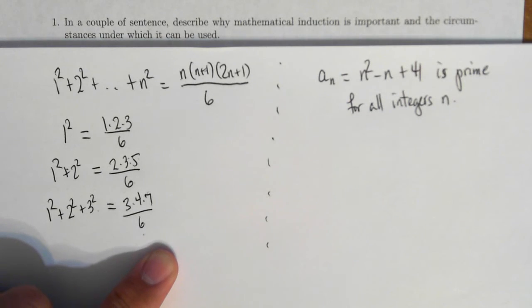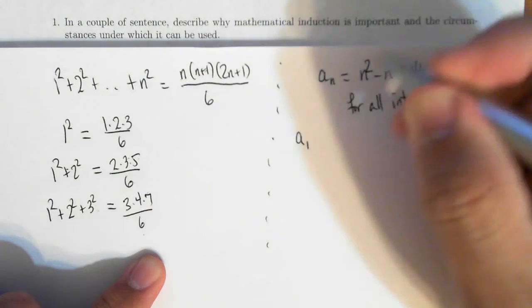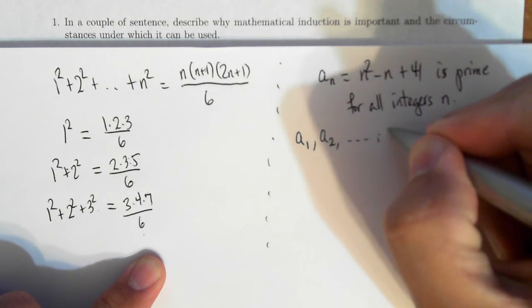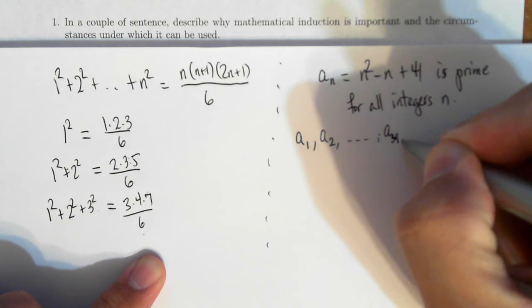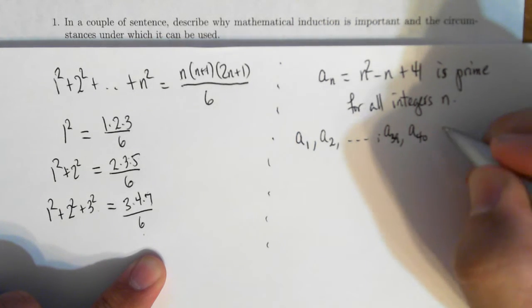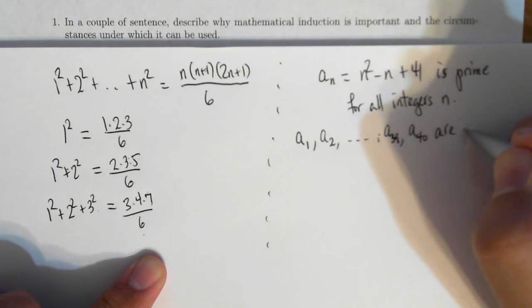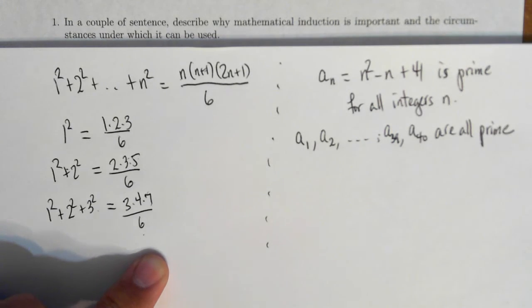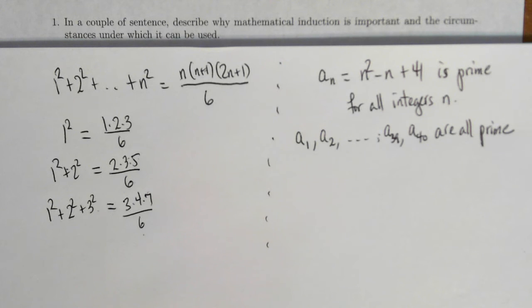However, it is true that if I plug in 1, if I plug in 2, in fact if I plug in anything up to 40, the first 40 examples are all prime. So I could test the first few examples, and I could be at it for the better part of an hour to check whether these numbers are prime, and they would all check out.